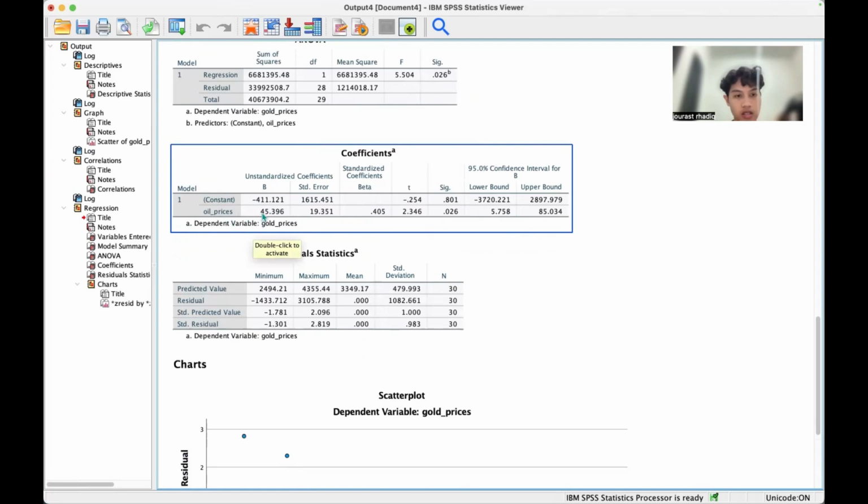The oil prices coefficient is 45.3696, or make it 45.4, meaning that every $1 change in oil price affects $45.4 in the gold price, meaning for a $1 increase for oil, gold price is expected to rise by 45.4 US dollars.